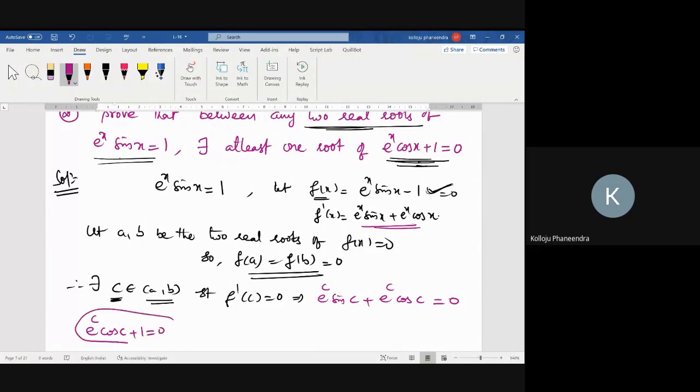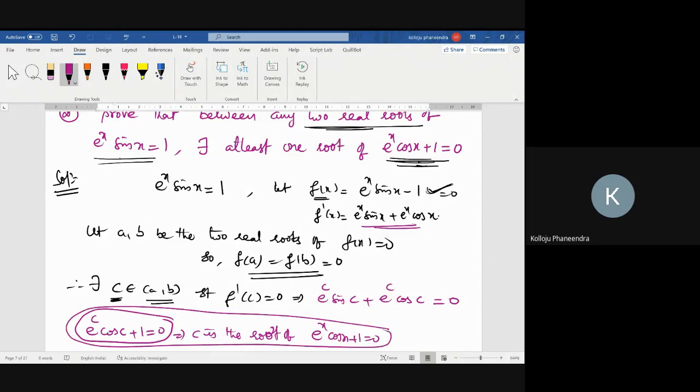Then from this I can write that c is the root of the equation e power x cos x plus 1 equal to 0. This is what I have to prove. e power c cos c is there, but I have to get plus 1.